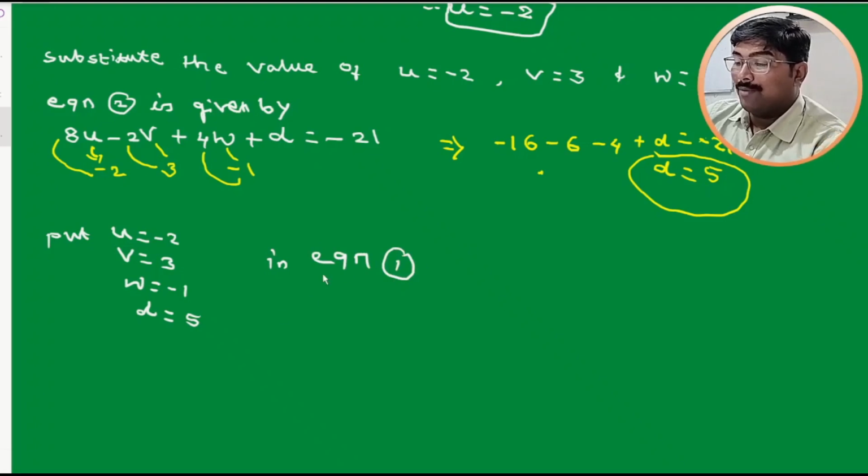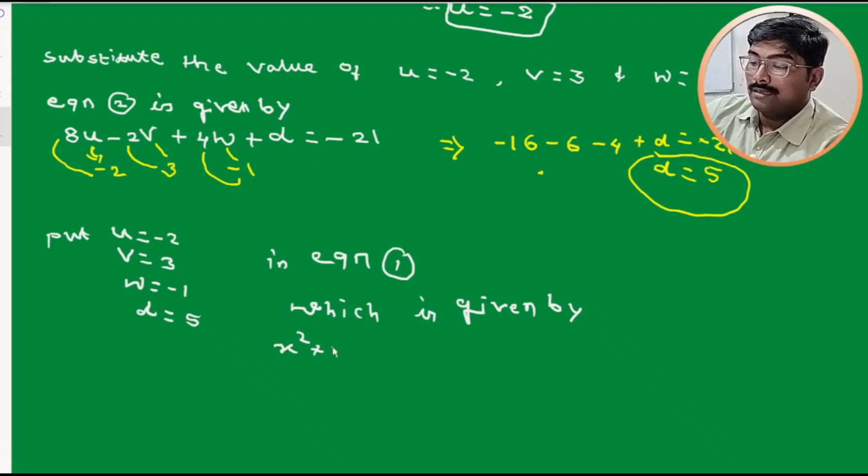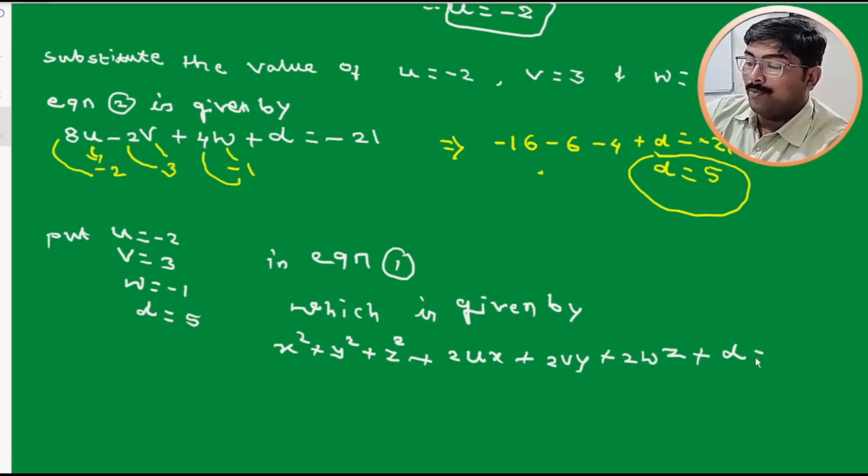Equation 1 is given by x square plus y square plus z square plus 2ux plus 2vy plus 2wz plus d is equal to 0.